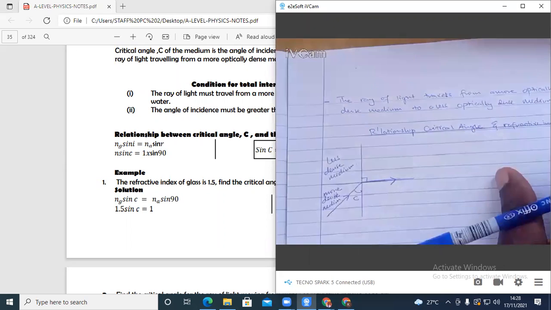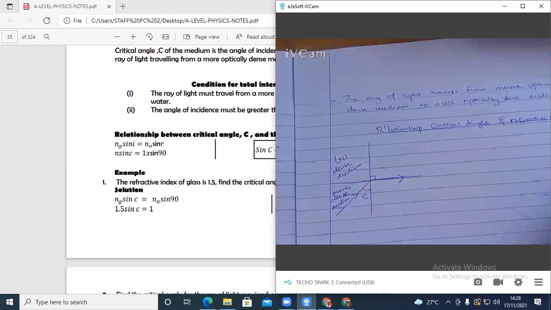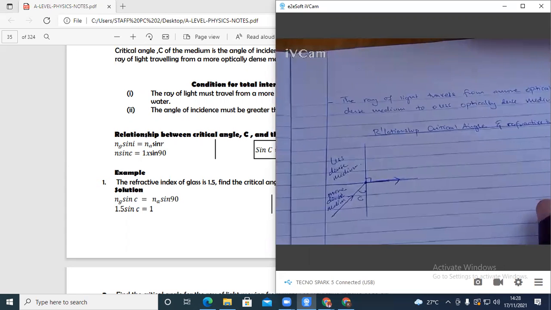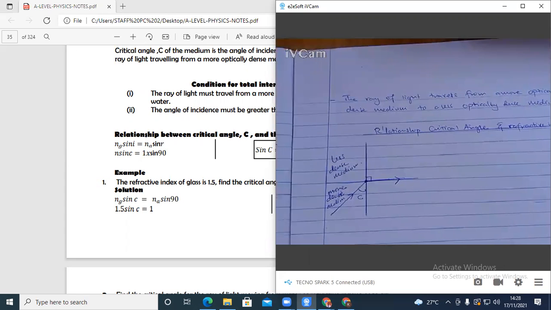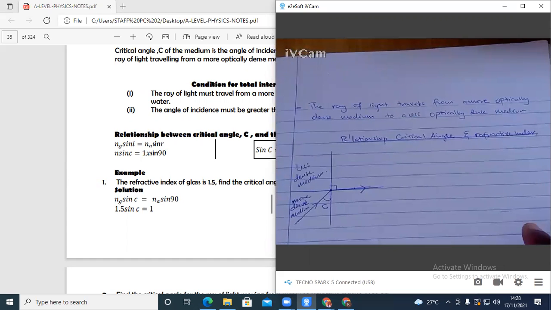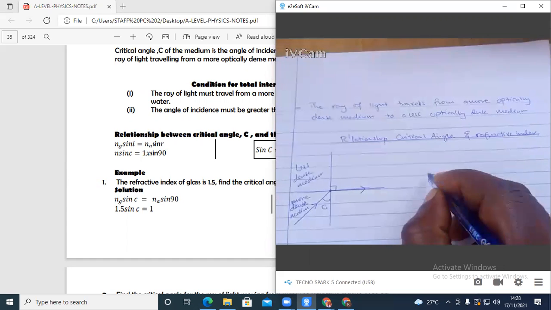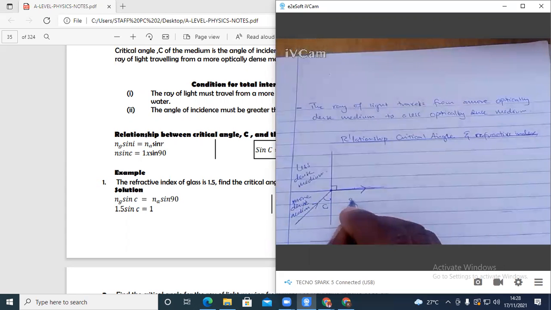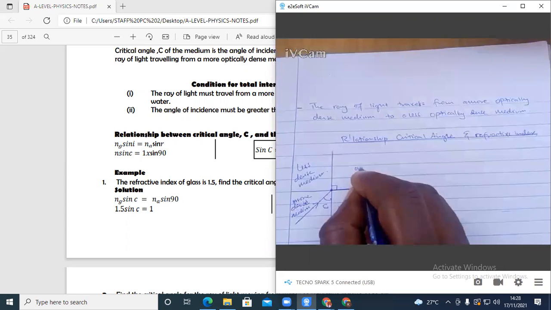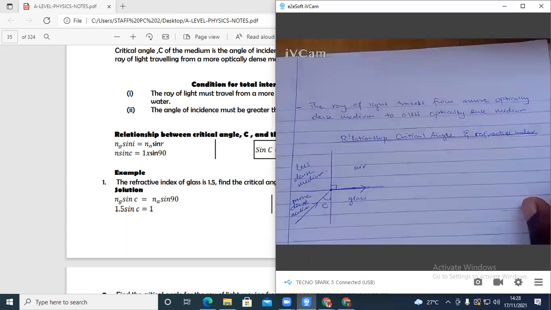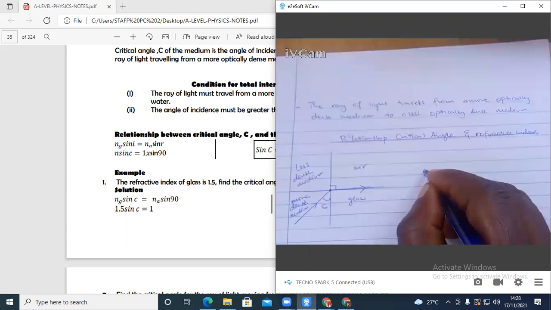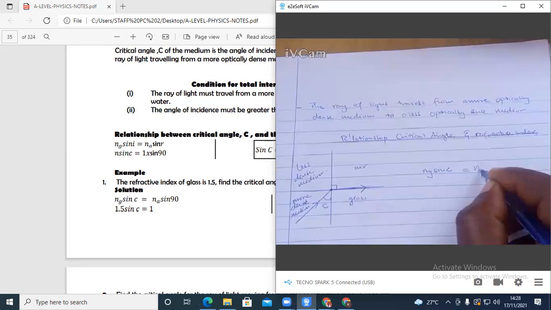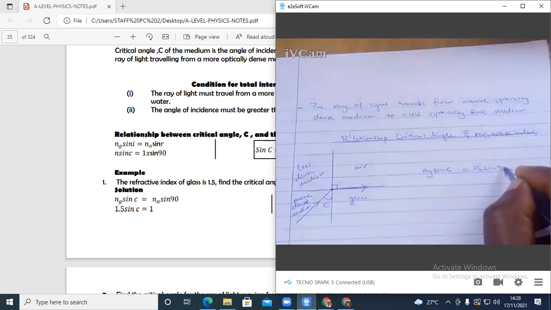So what will happen is that we shall apply Snell's law at the point of incidence. Because it's coming from this, let's say this was glass and this is air, we shall say that n glass sine C equals n air sine 90.